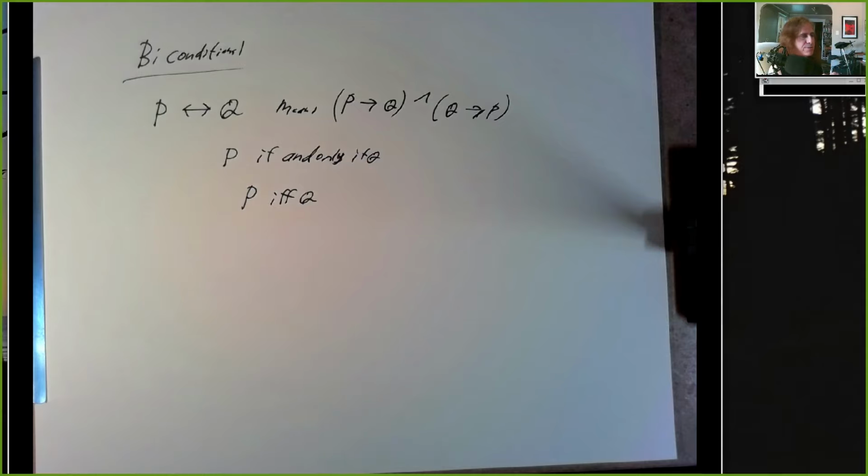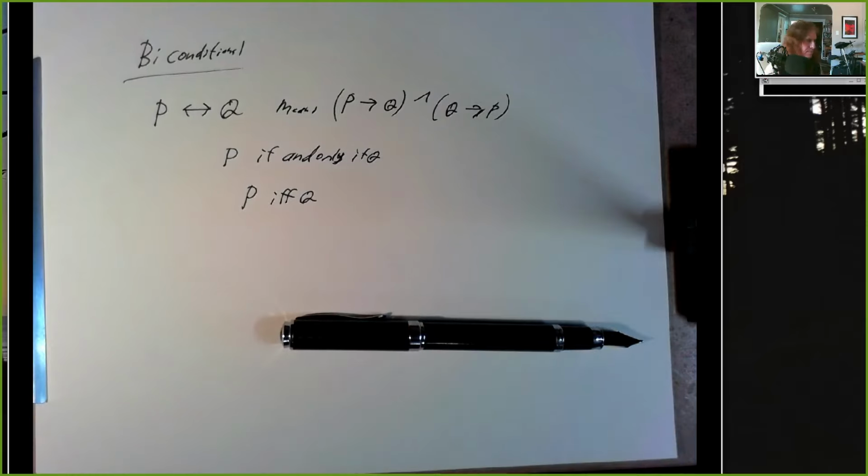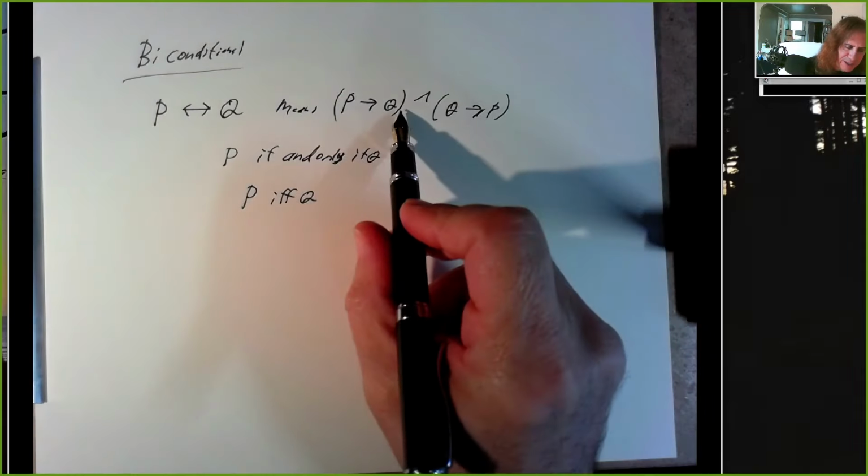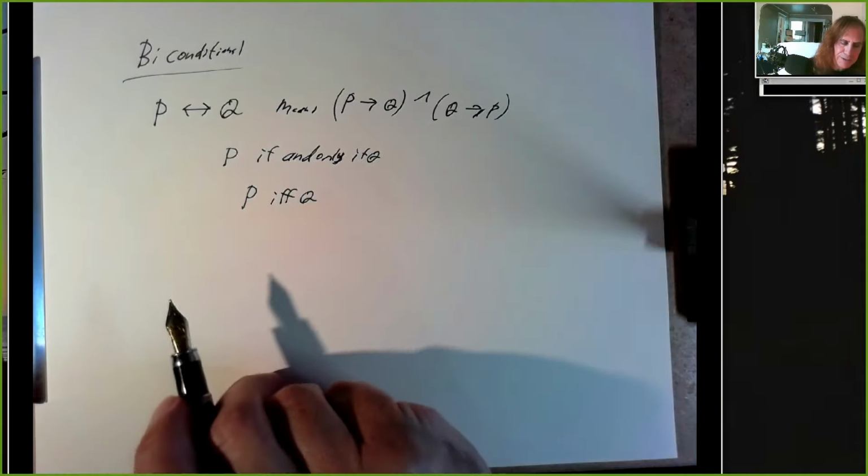That's a standard shorthand. We can also say P is necessary and sufficient for Q, we can say Q is necessary and sufficient for P. So that's a biconditional, P if and only if Q. And it really just means literally if P then Q, and also if Q then P.